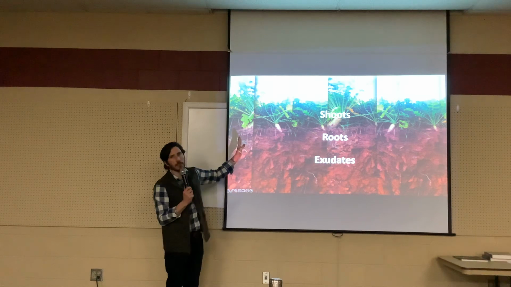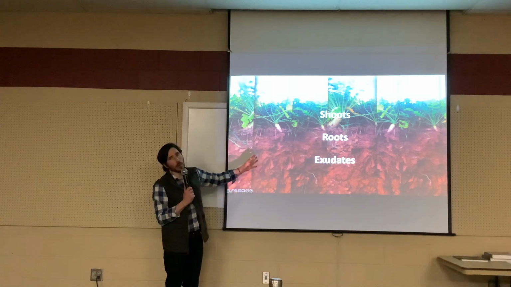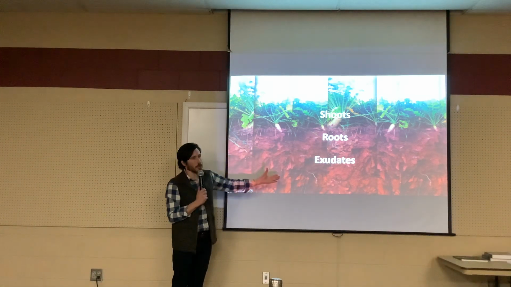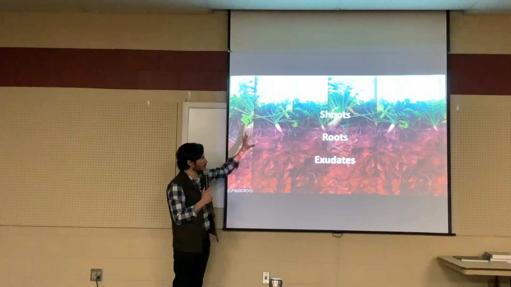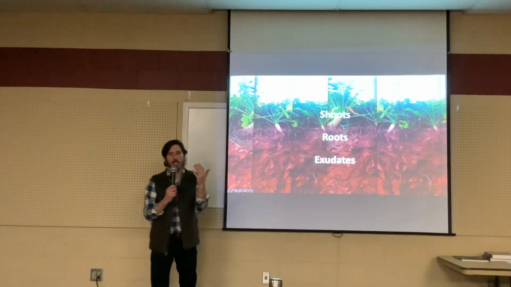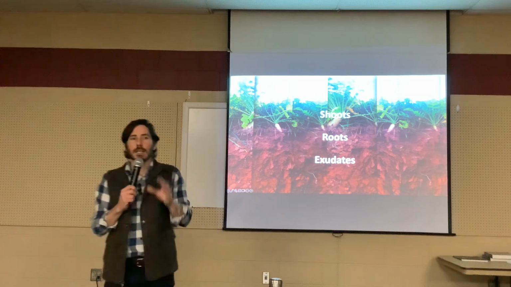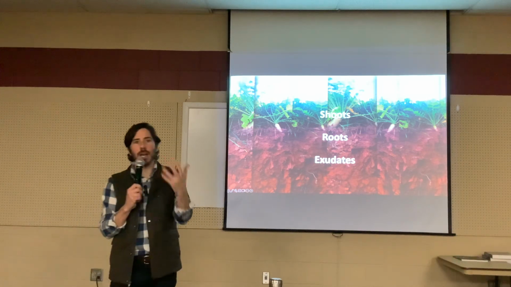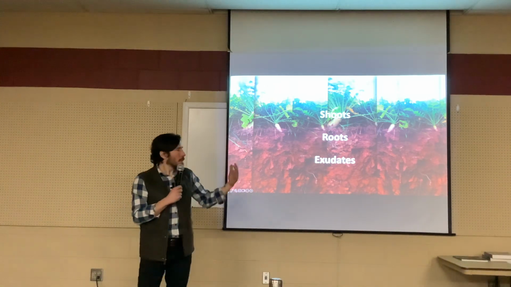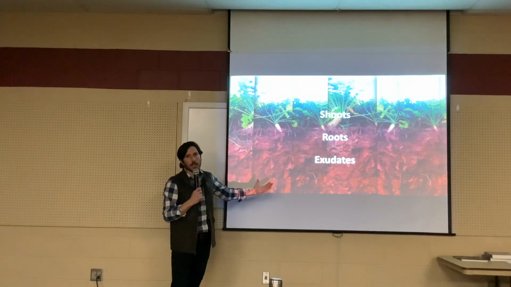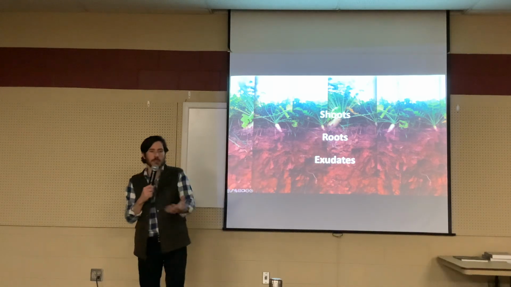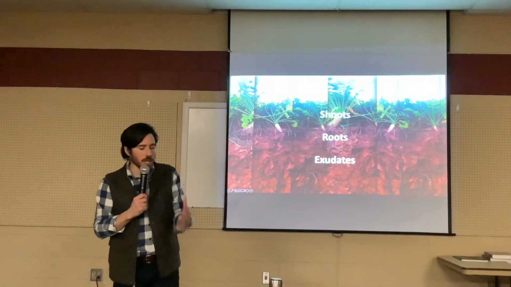We have the above ground biomass, the shoots, the below ground biomass, the roots, and then we have those exudates. This is the three pools, the three fractions of the carbon, the photosynthetic carbon that got into the plant. This is our three fractions of carbon, that energy that can then be integrated into the soil and be used to drive some of these soil health changes.